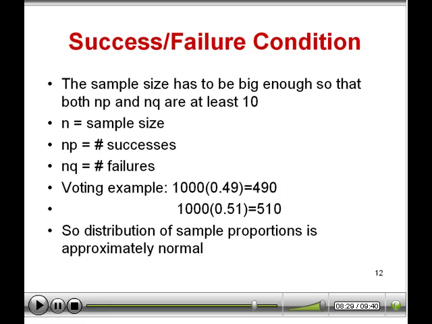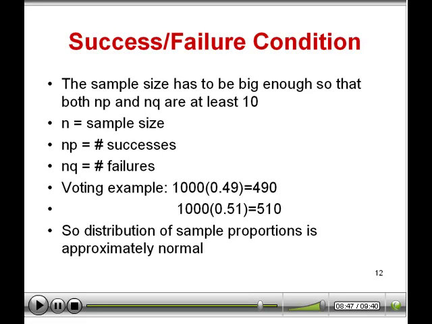This is too easy. There must be a catch. And there is one. The previous slide said provided the sample size is large enough. What does that mean? Well, there is an official rule.